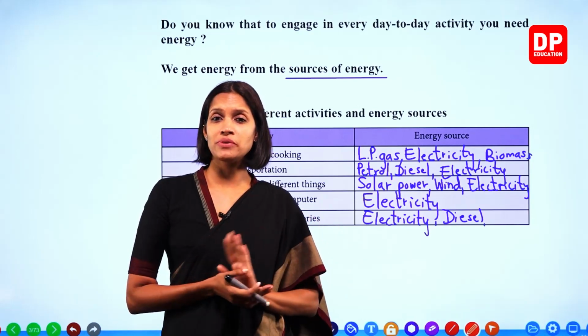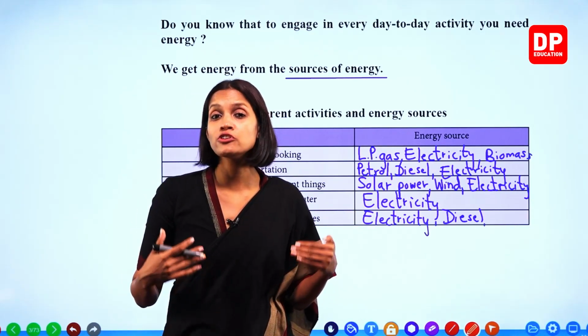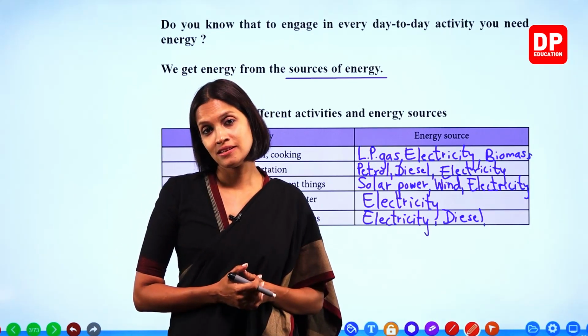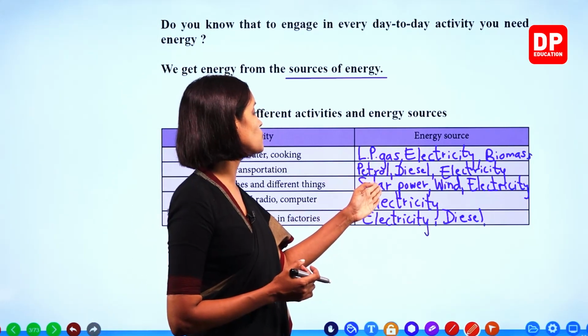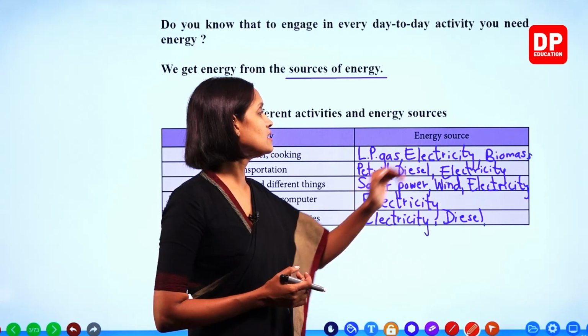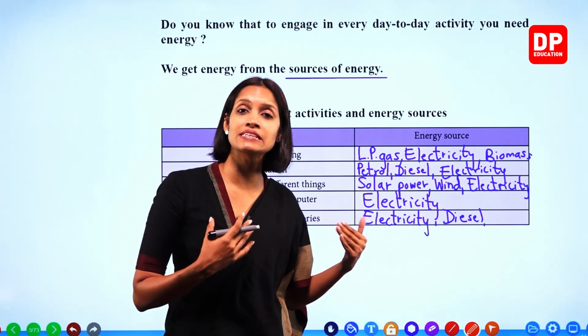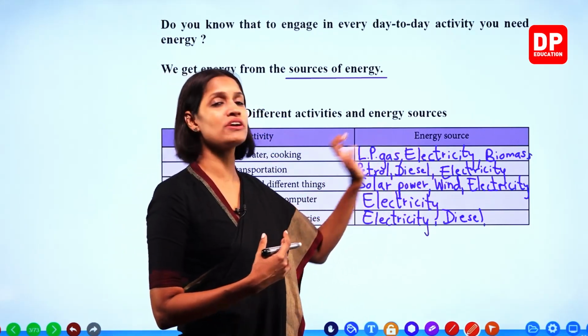So do you remember last year in grade 6 we learned that in order to produce fossil fuels naturally, it takes millions of years. Right, children? And at the same time, when you consider solar power, wind, even biomass, these type of energy sources are readily available, which means we never run out of these type of energy sources.